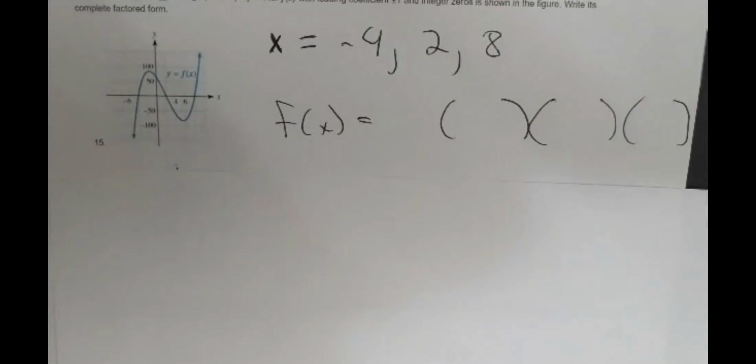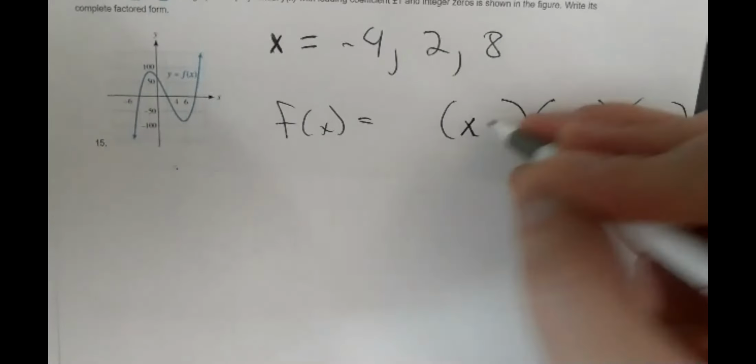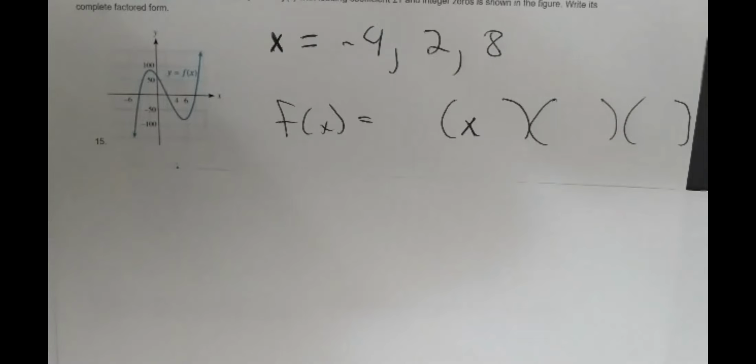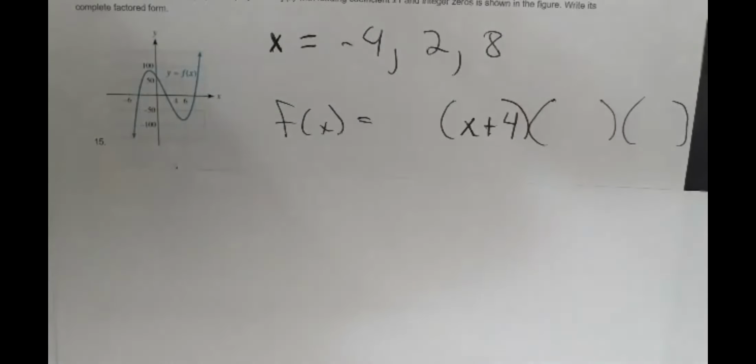Now this is the thing, and there's really one thing you got to remember around this. If I get a -4 as my zero, what does my factor look like? X plus 4. Yep, absolutely. So the main thing you have to do is remember to flip the sign on these things, right?